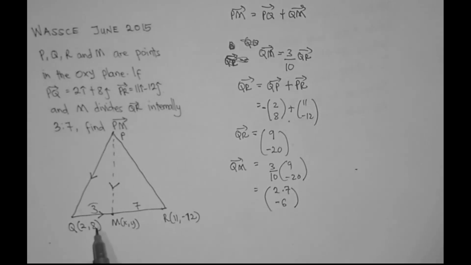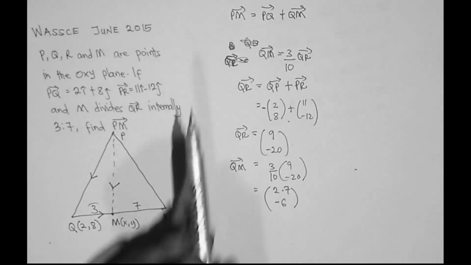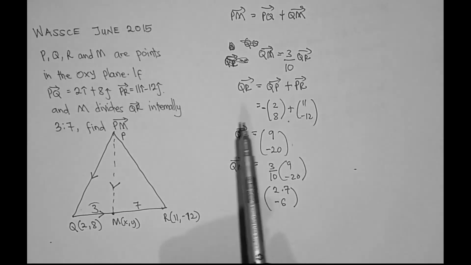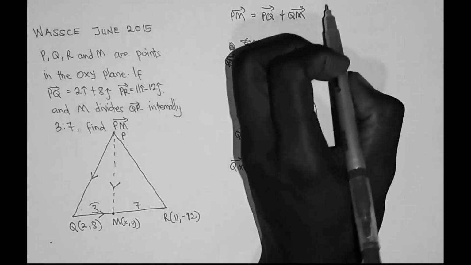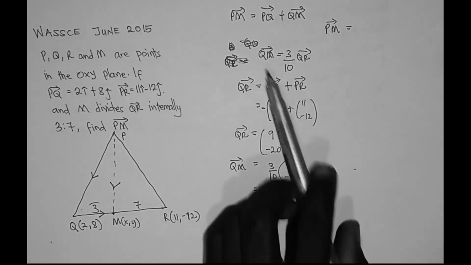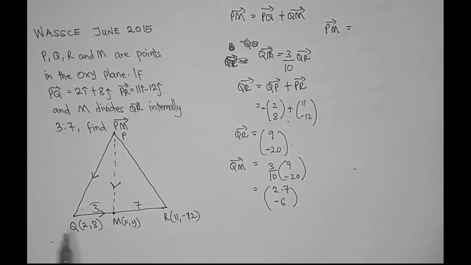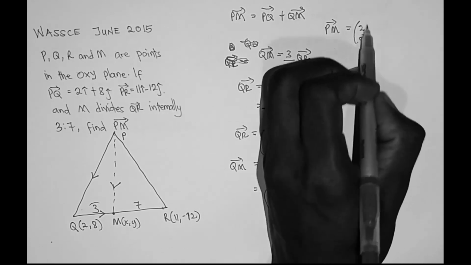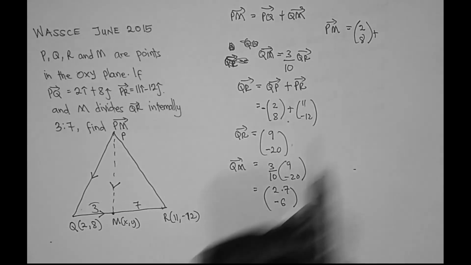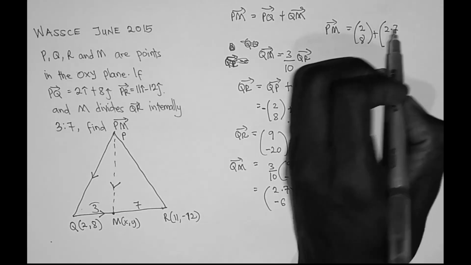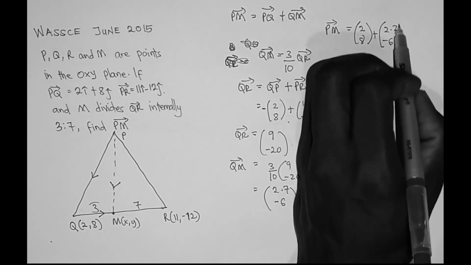So since we know QM, we can find PM, because we already said PM is equal to PQ plus QM. So PM is equal to, what is PQ? PQ is (2, 8), then plus QM, which is (2.7, minus 6).